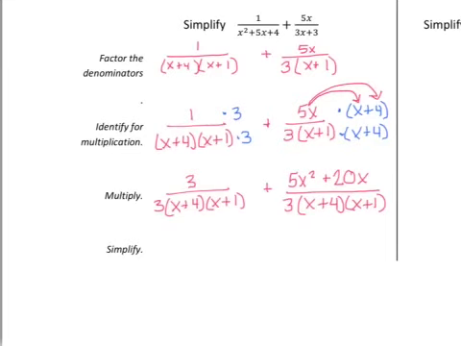Are these denominators the same? Yes, so can we combine these fractions? Yes. Remember, when you're adding them with common denominators, you just write the denominator once, and then you add whatever's on top.